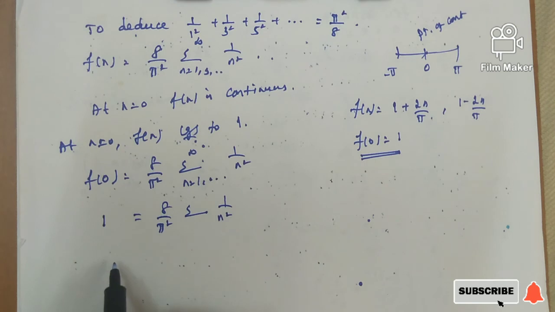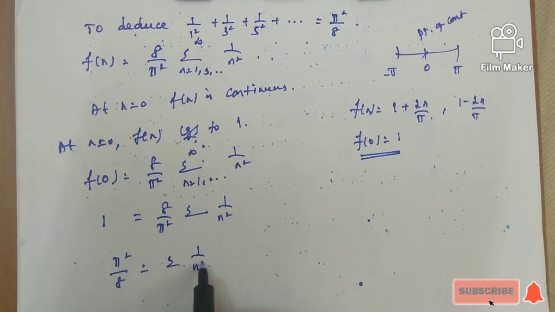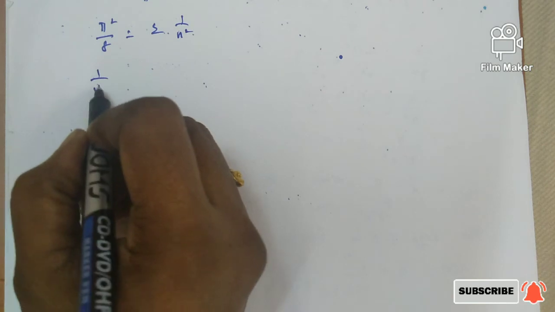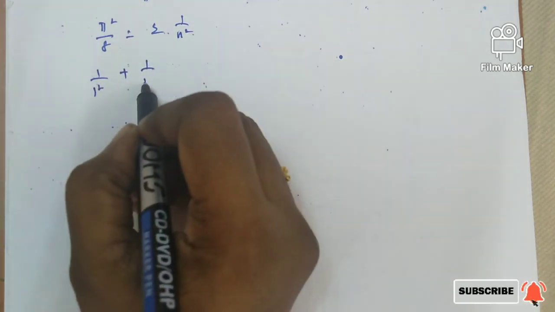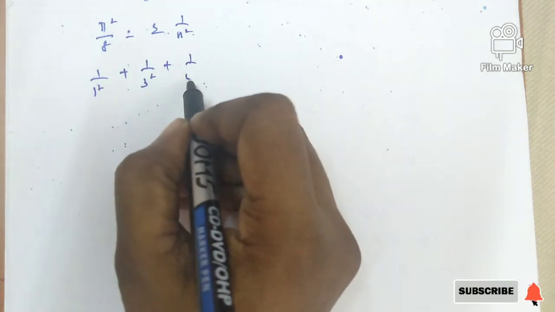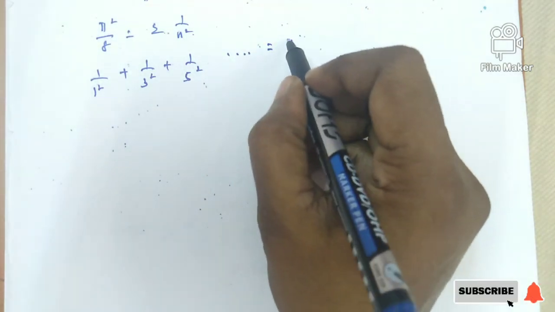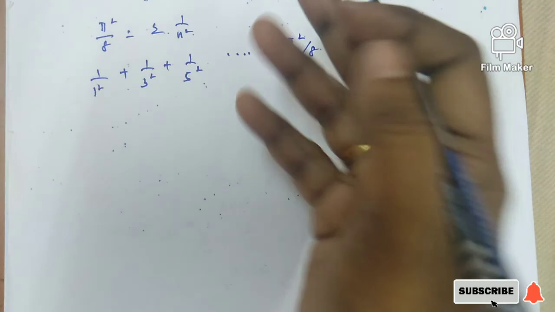So taking this left hand side, pi square by 8 is equal to sigma 1 by n square. Now we will give values for n. So n equal to 1 gives 1 by 1 square, then n equal to 3, 1 by 3 square, then n equal to 5, 1 by 5 square, etc., equal to pi square by 8.